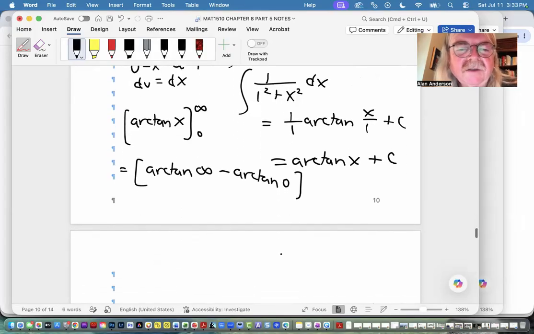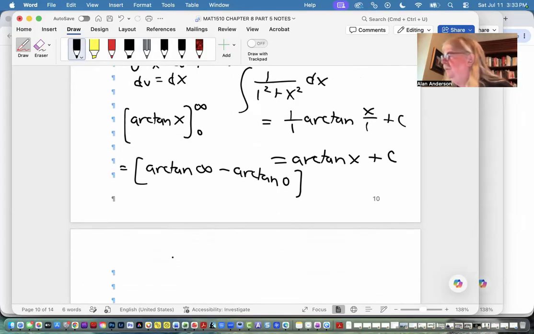And of course, we'll have to take a limit. The arctan of 0, ooh, let me get out my calculator. So remember what that means. The arctan of 0 means the angle whose tangent is 0.